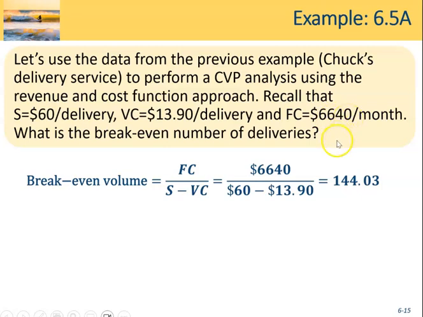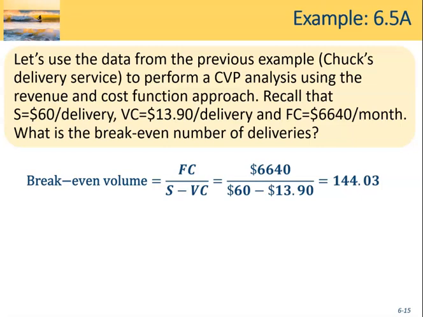What is the break-even number of deliveries? So in order to figure out what our break-even volume is, or how many deliveries we have to make in order to cover all of our fixed costs, we take our fixed costs, 6,640, divided by our selling price per delivery minus the $13.90 variable cost per delivery.